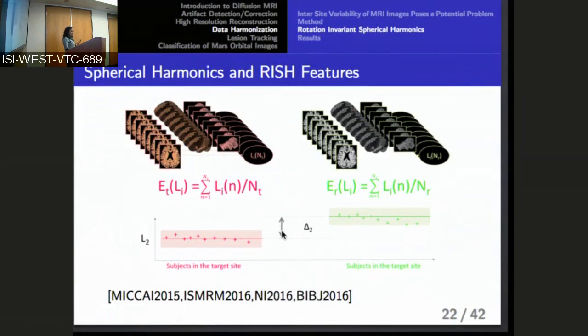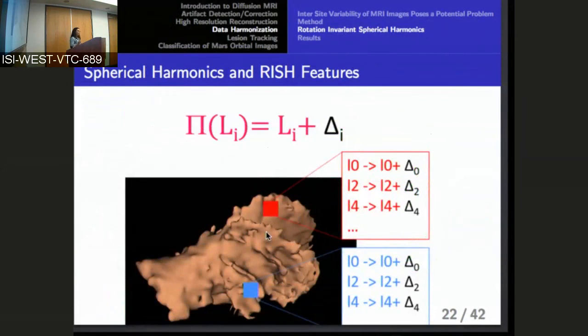We compute this delta for other levels too, for second order and fourth order. The idea was that now that we know there is this much difference between the energy of the signals at different levels between the images at different sites, we try to correct for it. We try to move them to the same level.